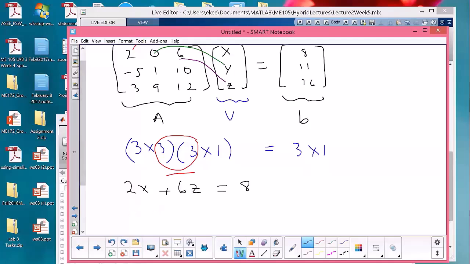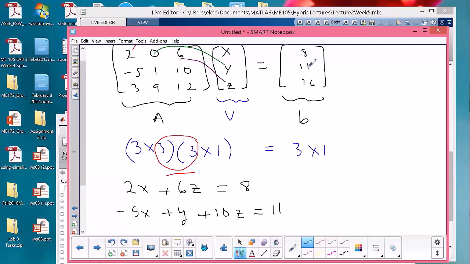See if you can do it before I do. As I write the solution for the next one, I get minus 5x plus y plus 10z. This must equal 11. All I'm doing is minus 5x plus 1 times y plus 10 times z.